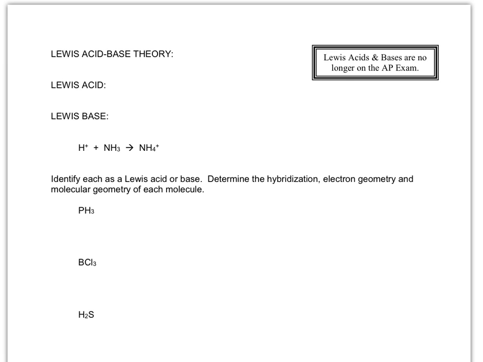A Lewis acid is an electron pair acceptor. Lewis acids and bases talk about electrons as opposed to protons. Because an electron is negative, the opposite of a positive proton, the definitions are flipped. So a Lewis acid is an electron pair acceptor, and a base is an electron pair donor.